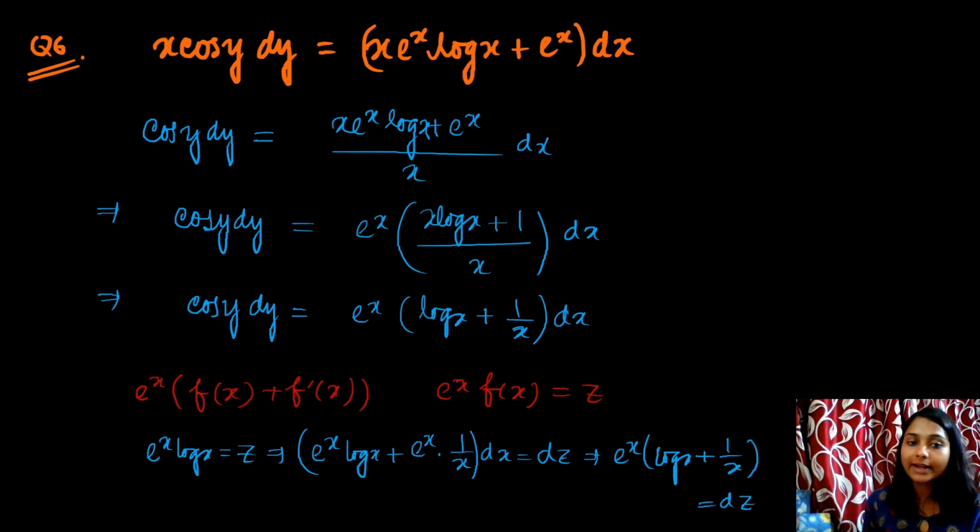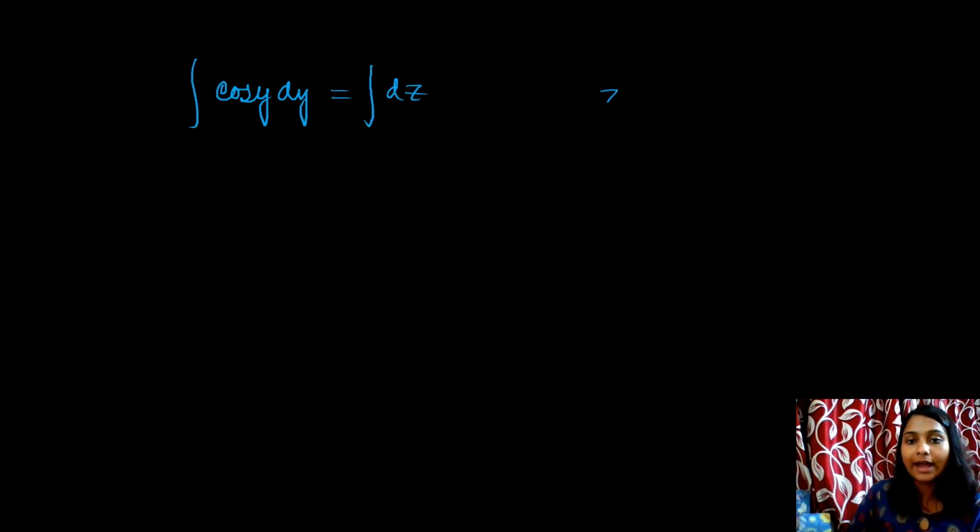So we have cos y dy here, and this term we can see, and there is a dx here. So this term, e power x log x plus 1 by x, equals dz, and z is e power x log x. So we can integrate cos y dy and integration dz, and z equals e power x log x.